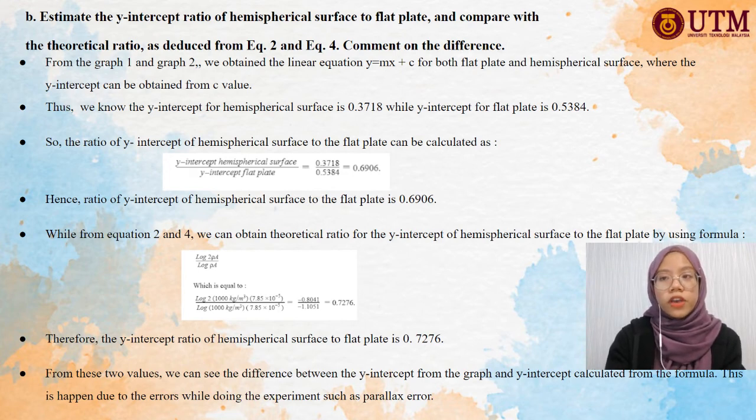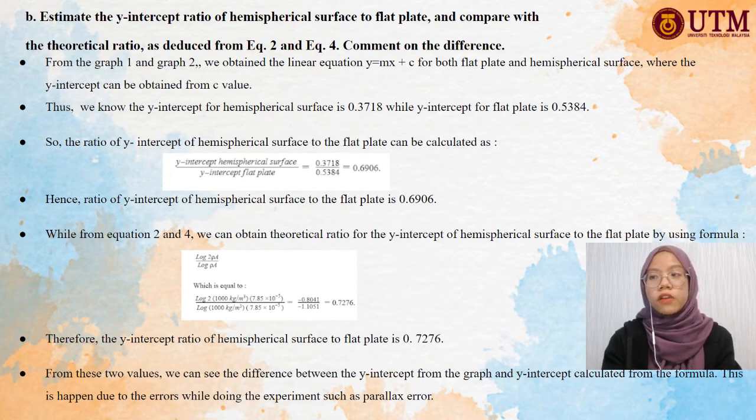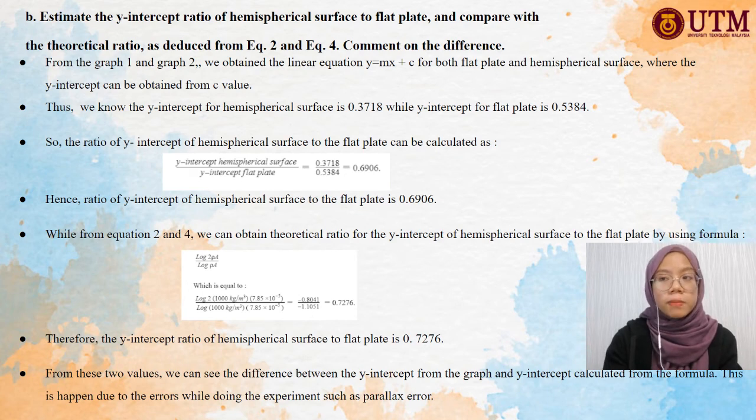From these values, we can compare the difference between the value of slope for the graph of F measured versus F theory for both flat plate and hemispherical surface, as we know that the value of slope is equal to m, which is the gradient. For the flat plate, the value of slope for F measured versus velocity is 0.5731, while for F theory versus velocity is 0.5008.